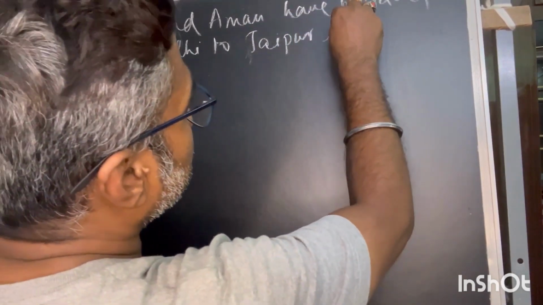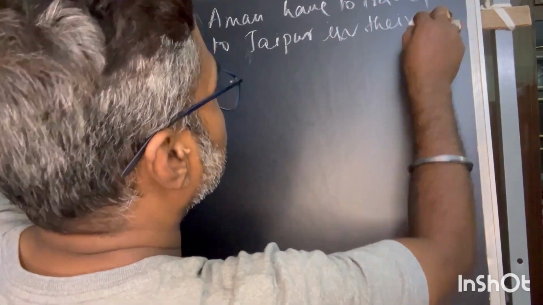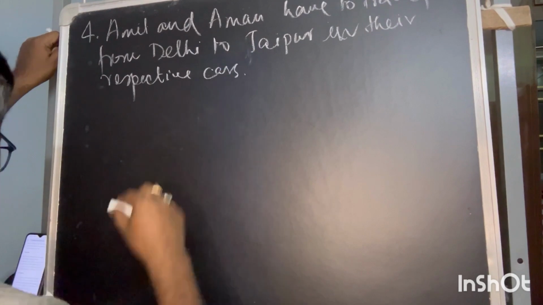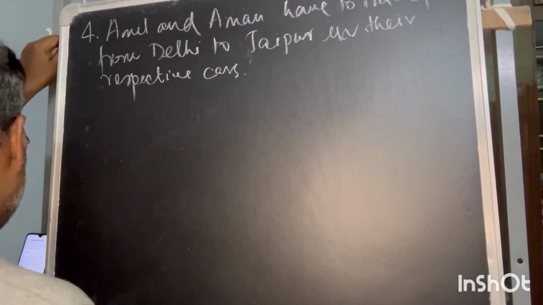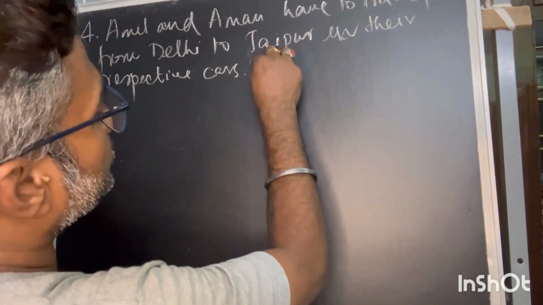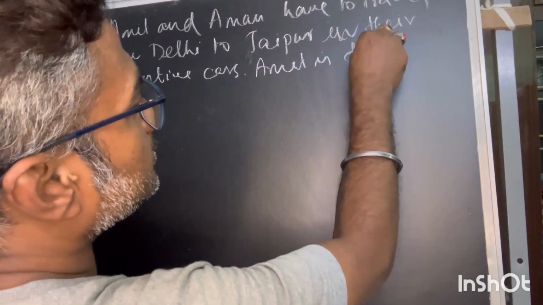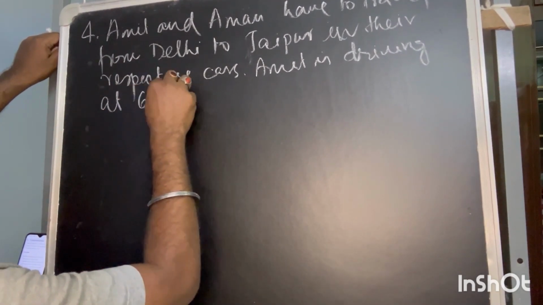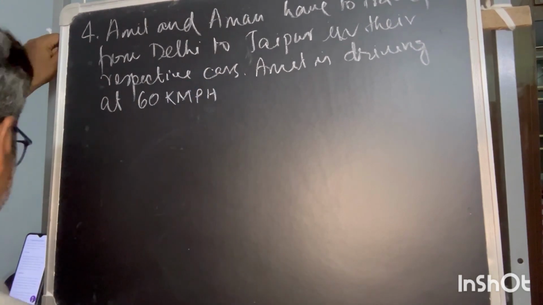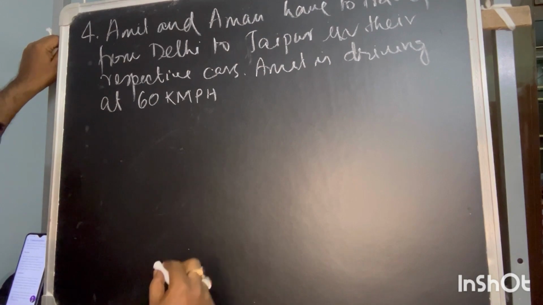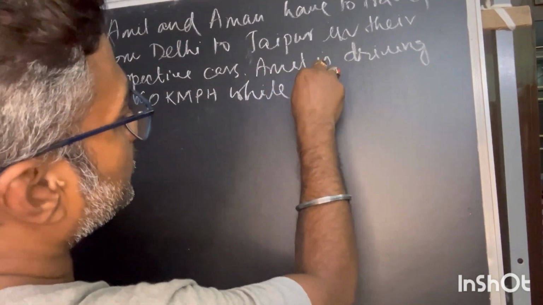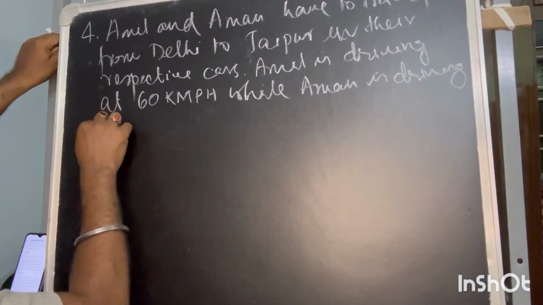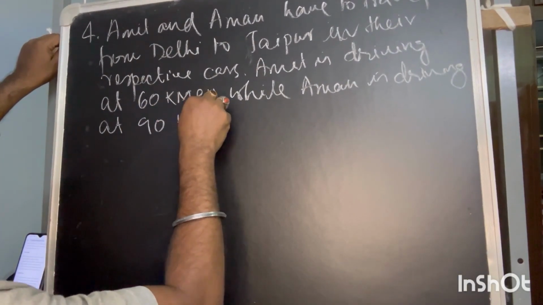Amit is driving at 60 km per hour, while Aman is driving at 90 km per hour.